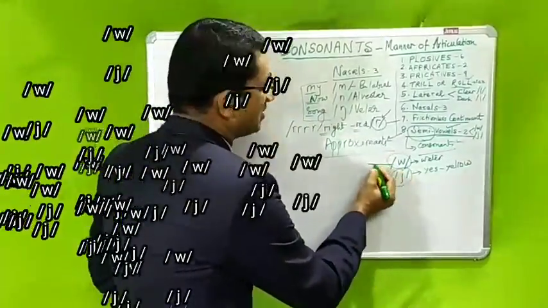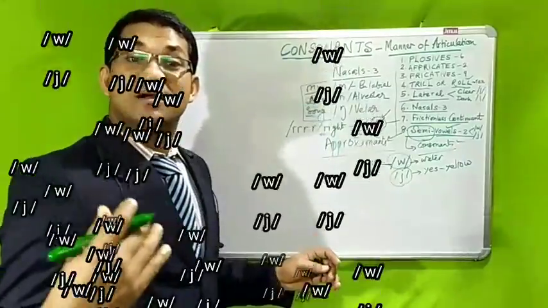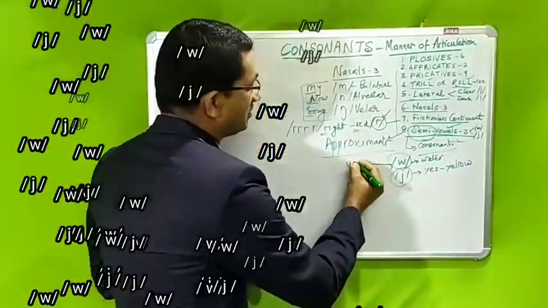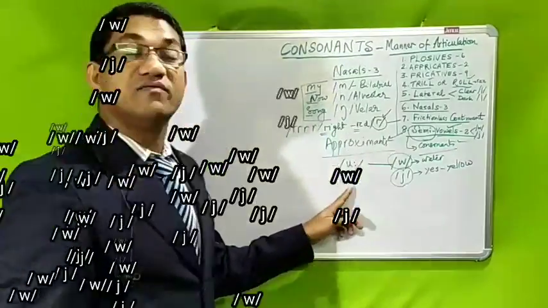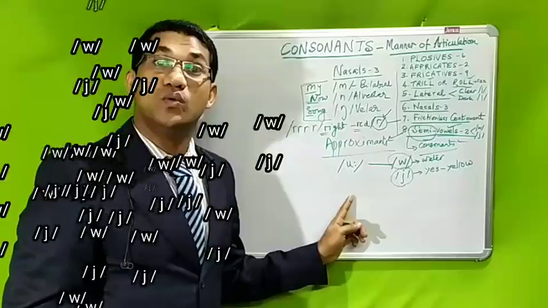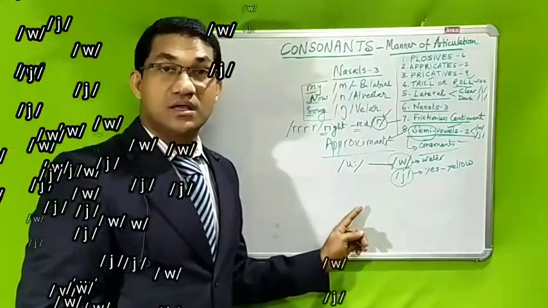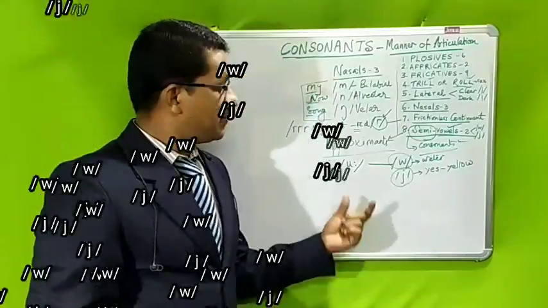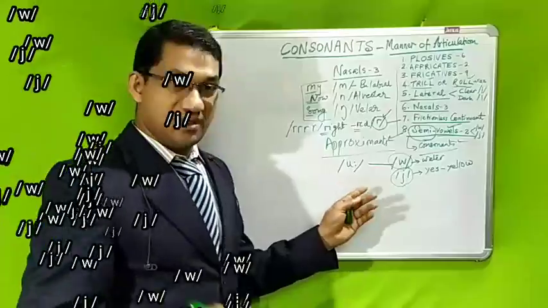Okay, we can say that the approximant is of course a glide from the vowel, approximately the vowel that is oo, and we know that oo is a rounded back, close, long sound.